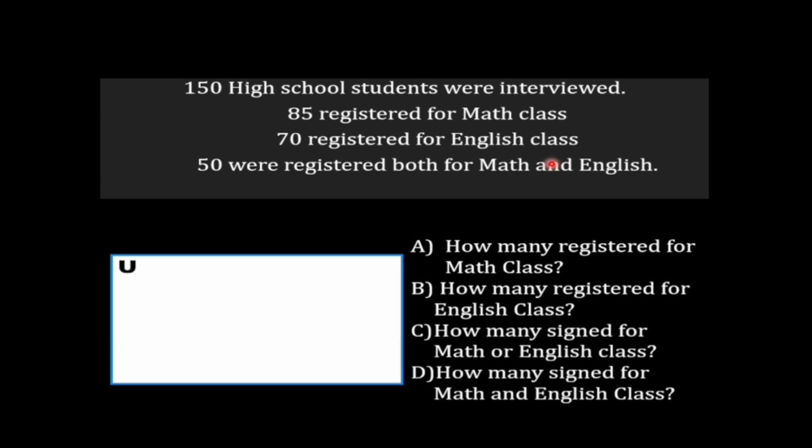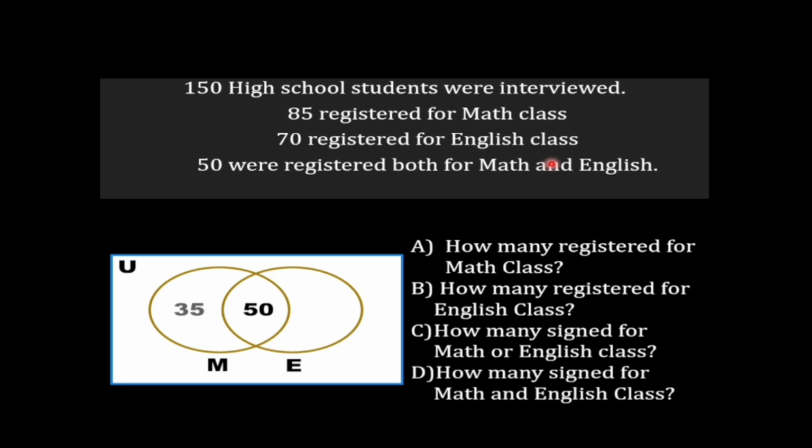Okay, so there are 150 high school students, so that is our universal set. Next, we write the subjects taken by these students. So we have math and English. Remember, there are already 50 who were registered for both classes, so we write 50 here. And for math class, so 85 minus 50, we have 35.